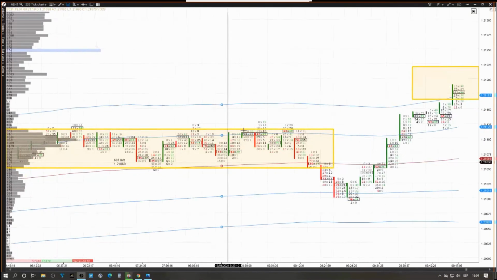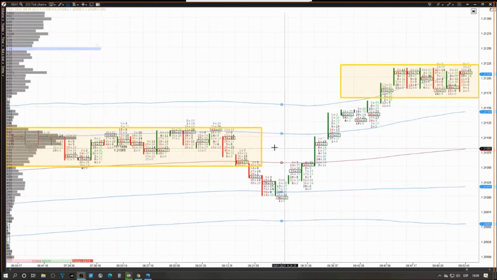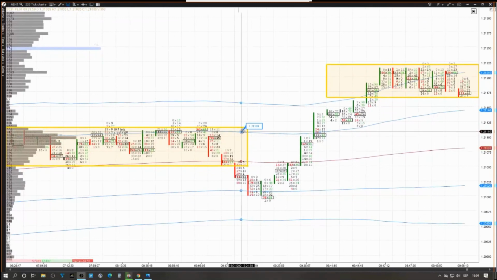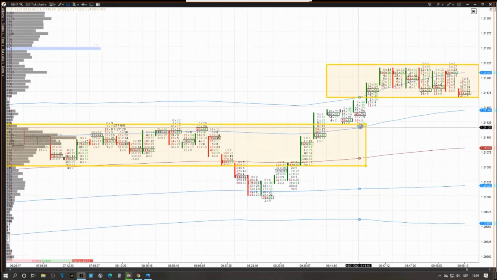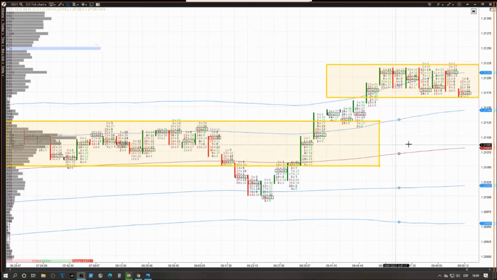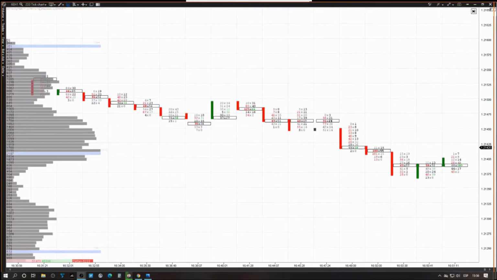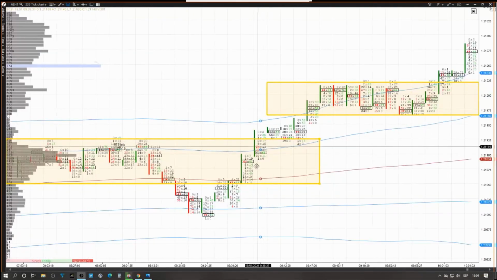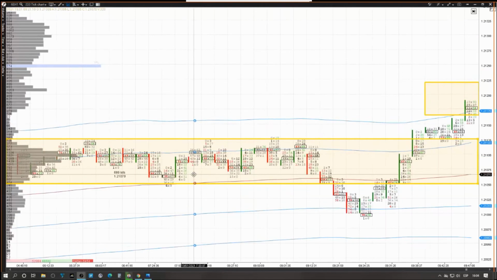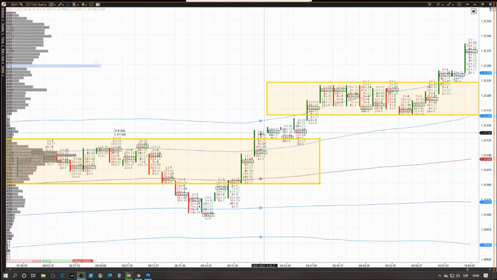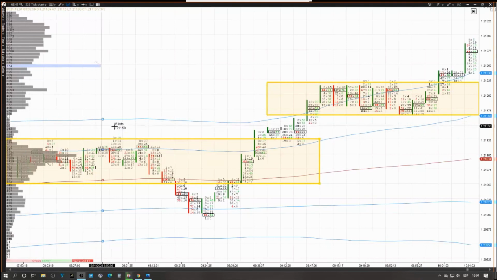So we see this rotation, all right? And then we can see how price just went outside this rotation area, right? If we take a look at the action, the force that took the price outside this rotation, you can actually see the action. Look at the volume, for example, here.